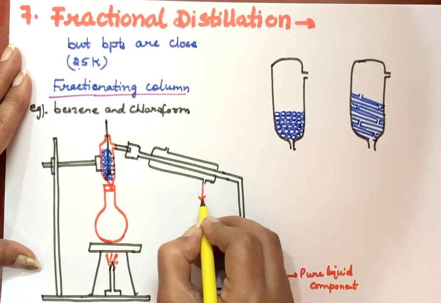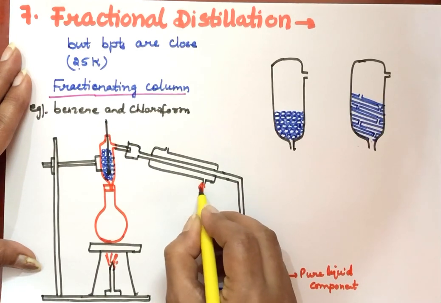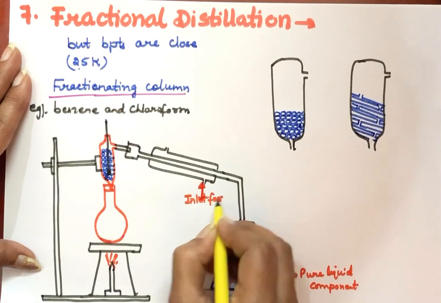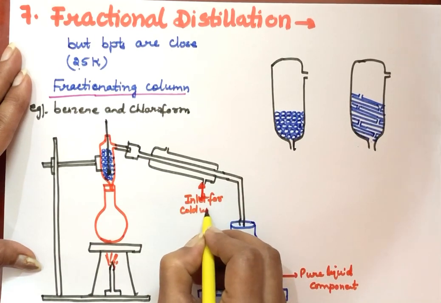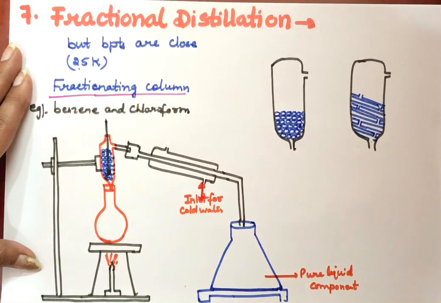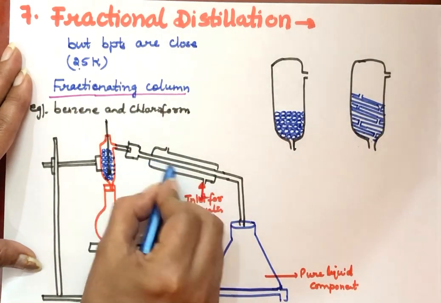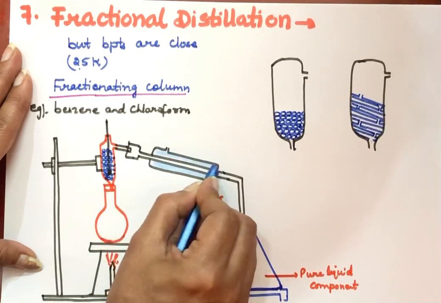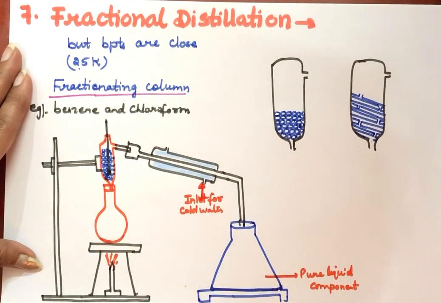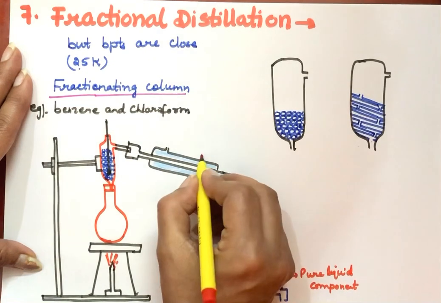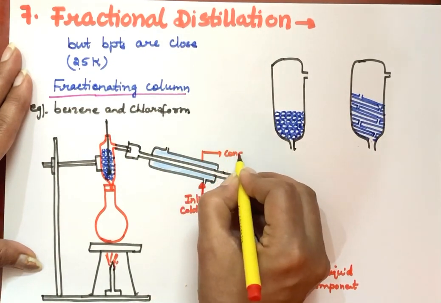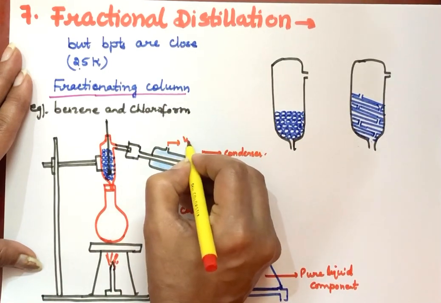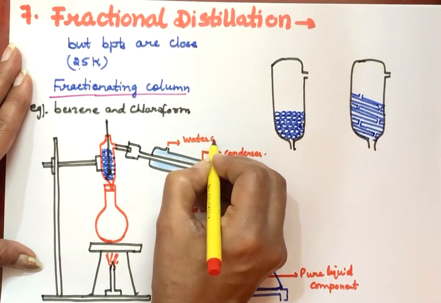From this side, there's an inlet for cold water. Water is circulating here in this part. And then this is the condenser. This is the water outlet, water comes out from here.